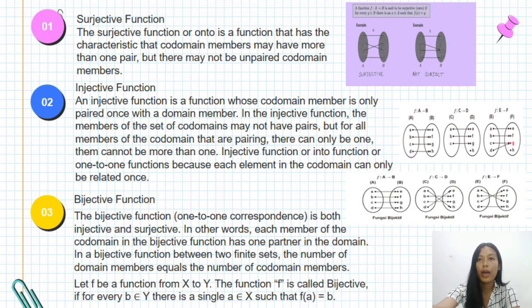Let f be a function from X to Y. The function f is called bijective if for every b element of Y there is a single a element of X such that f(a) equals b. You can see the example on the screen.